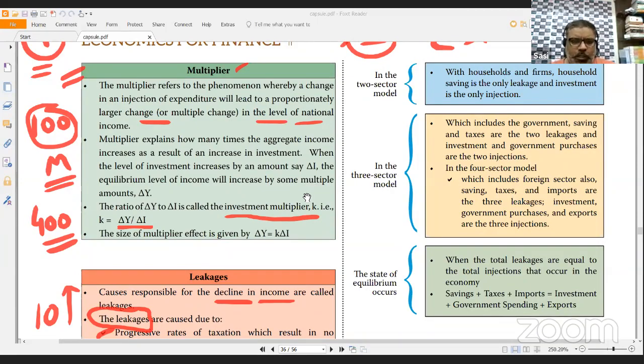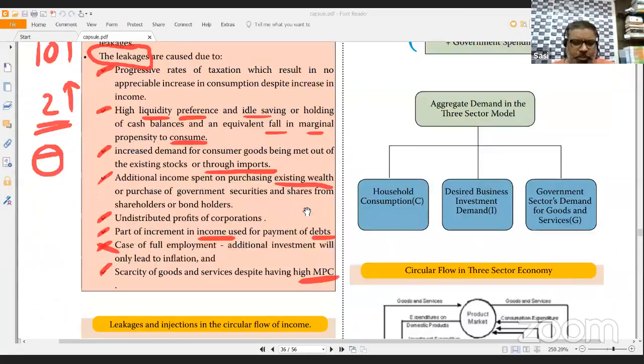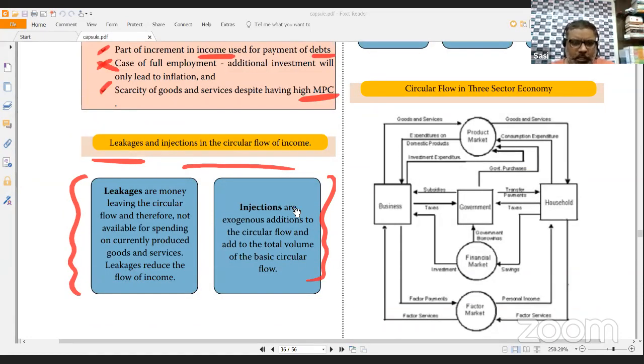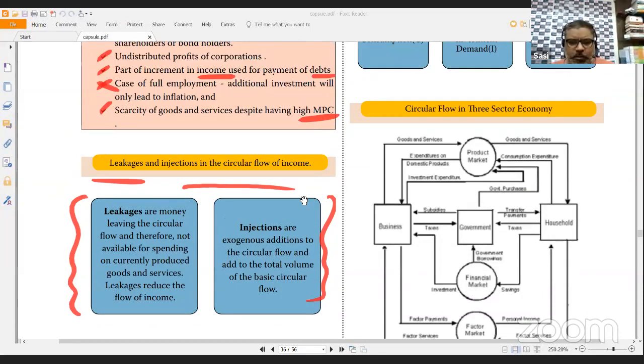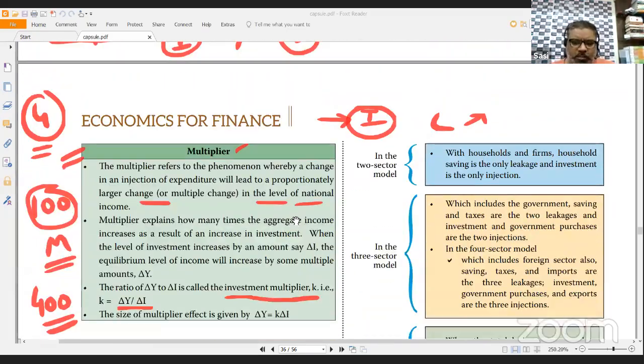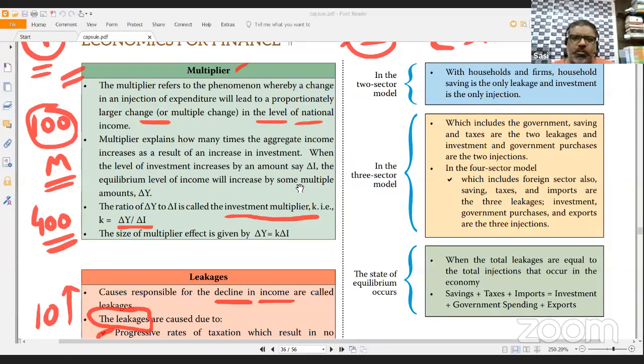That means which will nullify the positive impact of the multiplier. Also, we discussed injections and leakages are opposite with each other. Injections will be good for the economy. They will be additions to the circular flow, whereas leakages are outlays or outflows from the circular flow, which will reduce the positive impacts of multiplier.